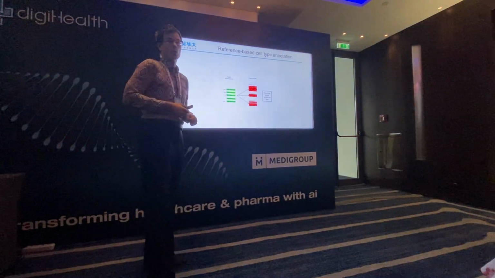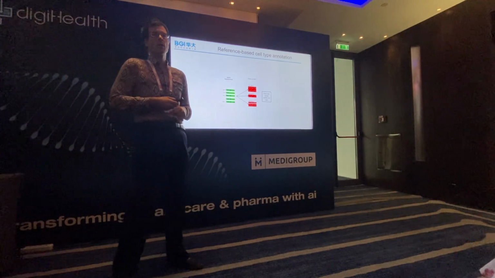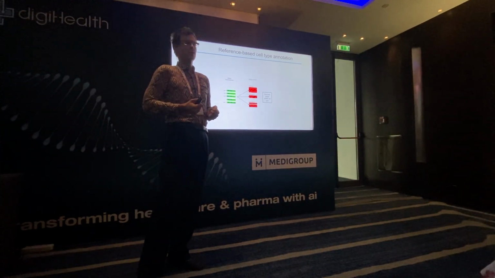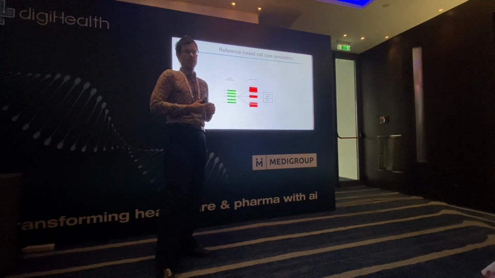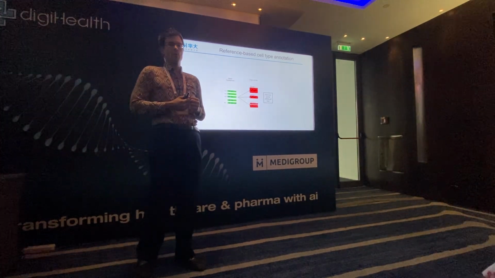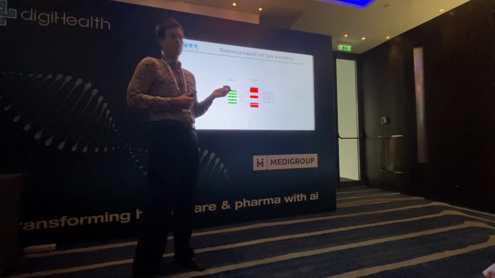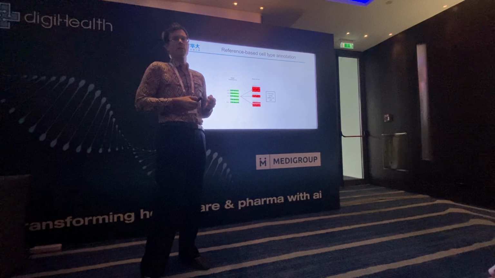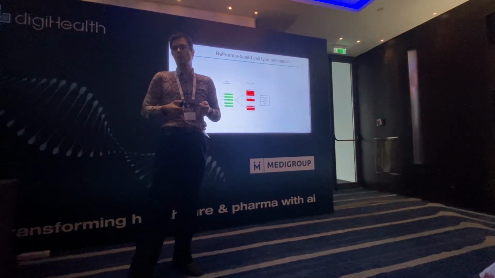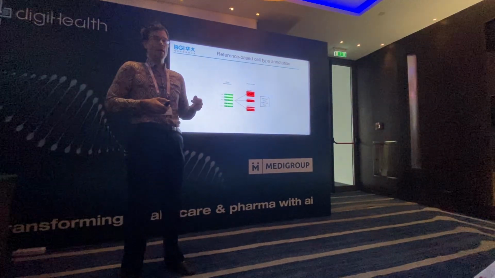So in order to overcome this limitation, one of the solutions is to use a high quality reference single cell dataset from the same tissue. Since many sequencing experiments have been done nowadays, a lot of laboratories and institutes publish their data when they finish the experiments.